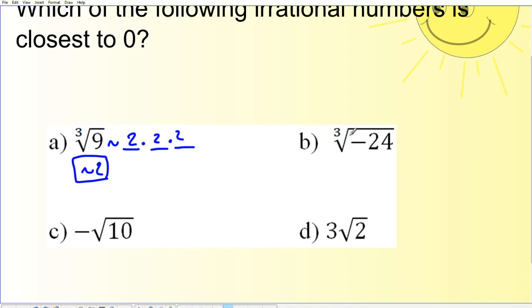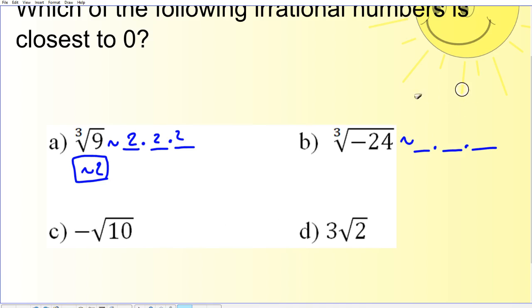Actually, this is a cube root as well. Okay, cube root of 24. Let's keep going. So that's about what times what times what is negative 24. Well, we know it's not 2, because 2 times 2 times 2 is 8. And if I use negative 2 times negative 2 times negative 2 would give me negative 8.